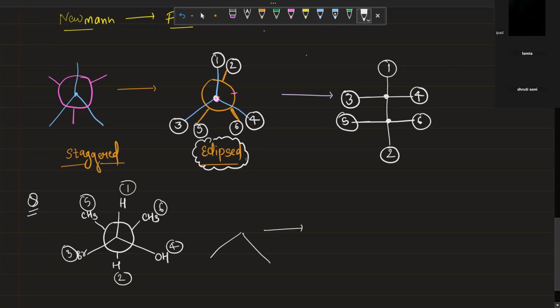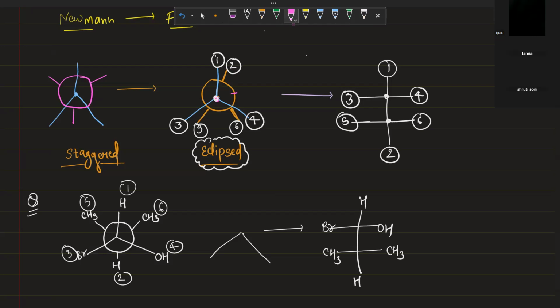Now hydrogen, hydrogen, CH3. Oh, sorry. Here Br will come, Br and OH. So here is Br, here is OH, CH3 and CH3.